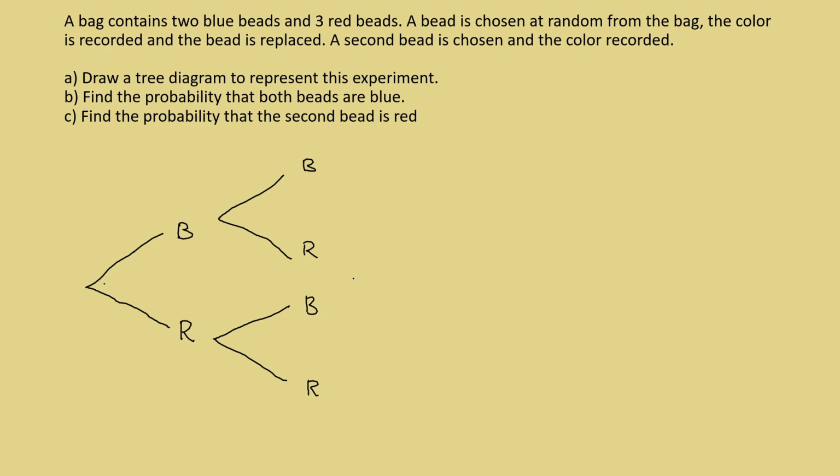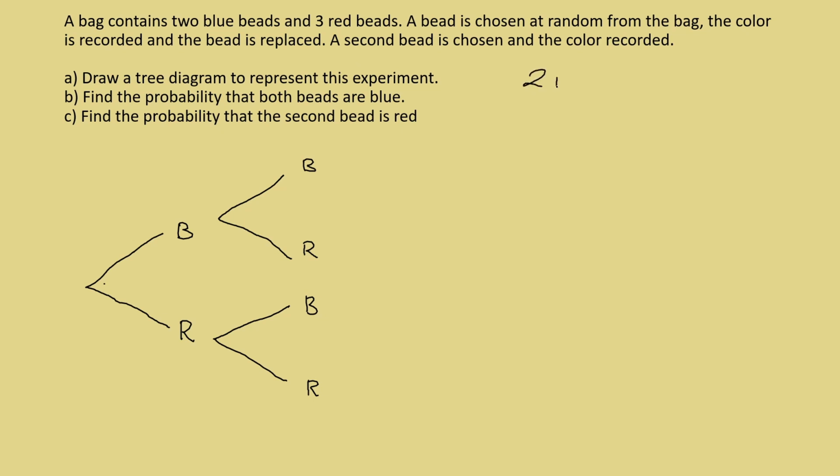Now we need to write down the probabilities of each event happening. So for example, what's the probability of getting a blue bead on the first try or a red bead? Okay, firstly, how many beads do we have in total? So for this, we read the exercise. It says a bag contains 2 blue beads and 3 red beads.